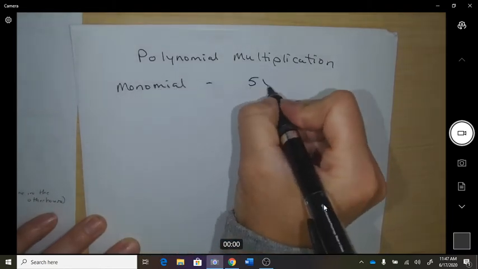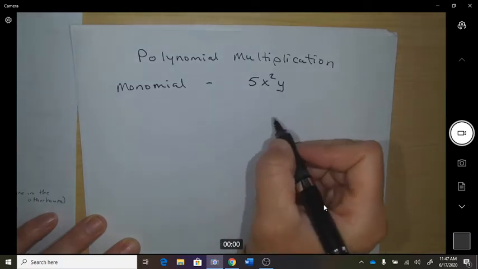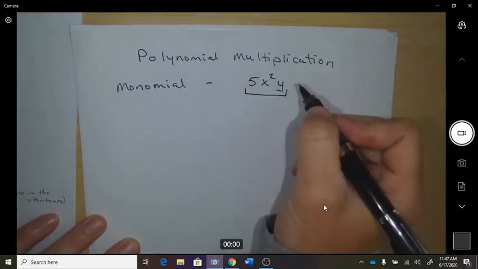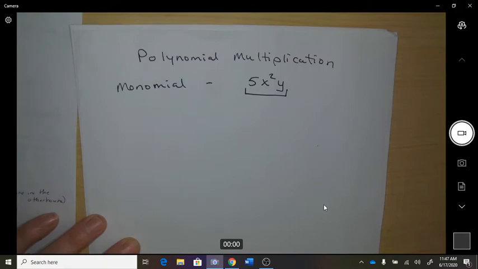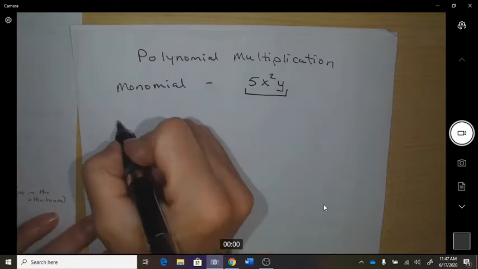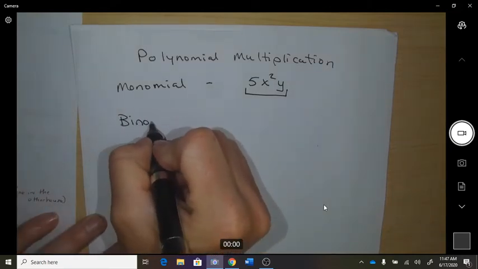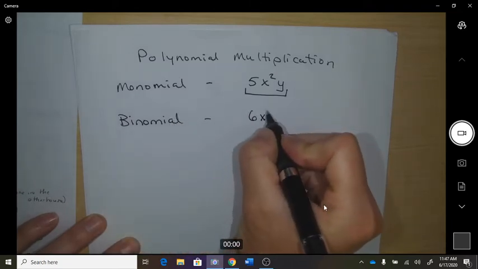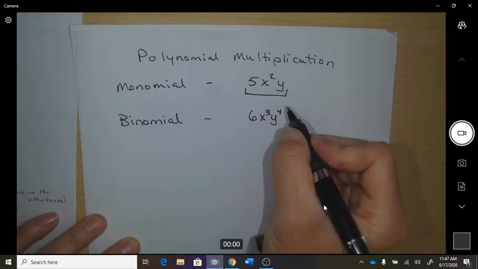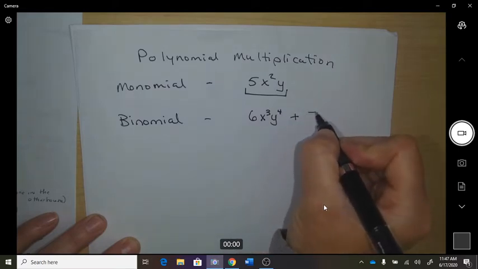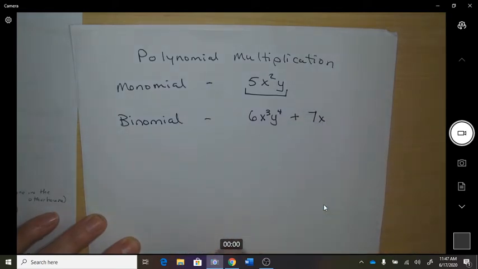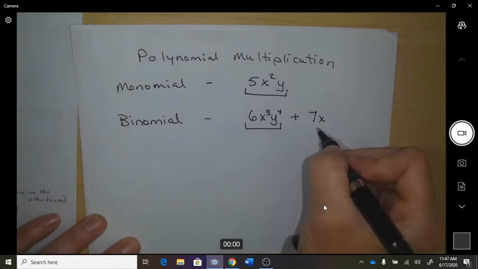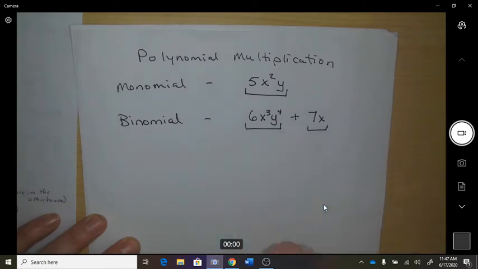Something like 5x squared y is a monomial because when pieces are held together with multiplication, they are one unit. A binomial would be something like that, where this is one term and this is another term.